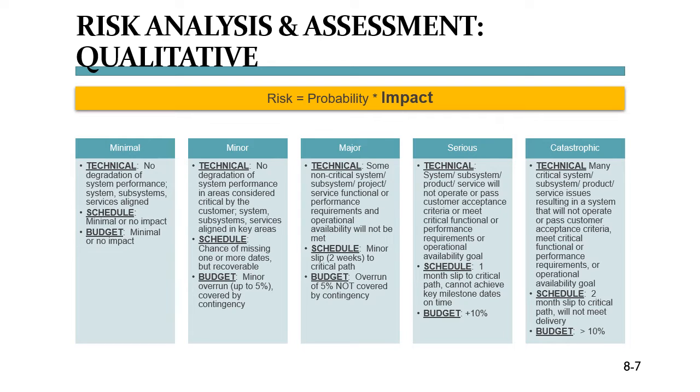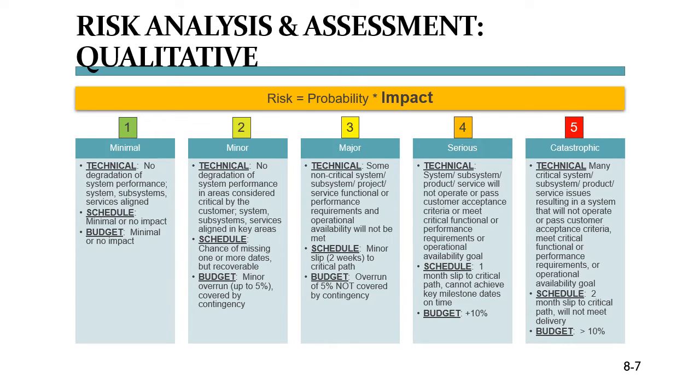All right, let's take a look at our first category, minimal. That is the smallest impact with the fewest adverse consequences. Then we have minor, then major, which is starting to make us want to do something about the risk, then serious, and finally catastrophic. Do you notice how each of the categories is broken down into 3 bullet points?